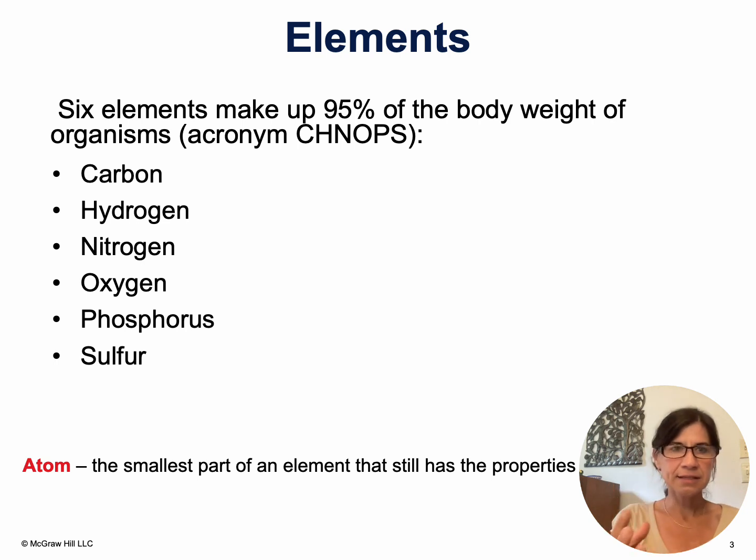Another way to say this is, if I had a chunk of pure carbon, and carbon has certain properties, certain characteristics, and I started cutting it into smaller and smaller pieces, the smallest piece that I could cut that chunk into and it still be carbon is an atom. So an atom is the smallest part of an element that can be broken down. And an atom has certain structural components, so we're going to go over those next.